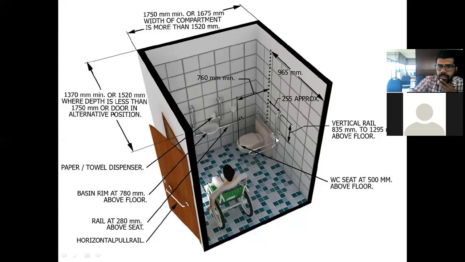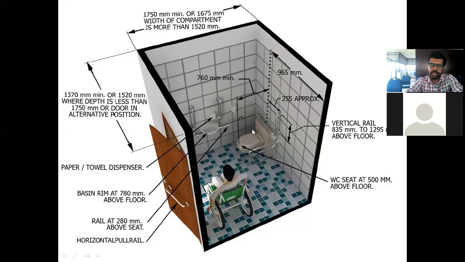Then there should be a vertical rail, 835 mm to 1295 mm above floor. This length should be approximately 255 from the center, and from this to this it should be 760 mm minimum. So these are some of the dimensions.